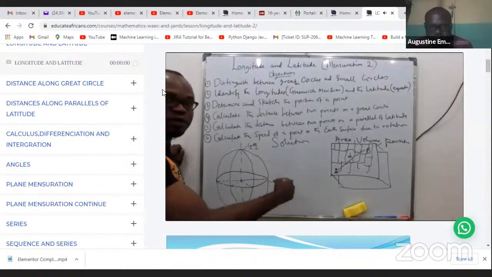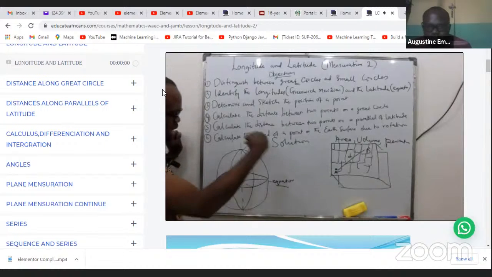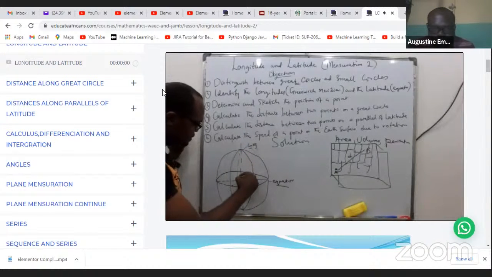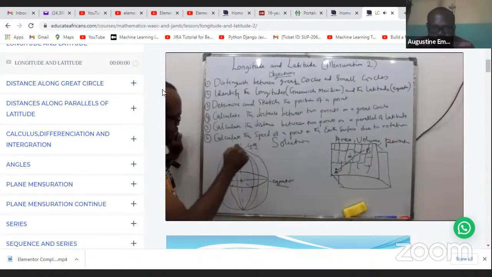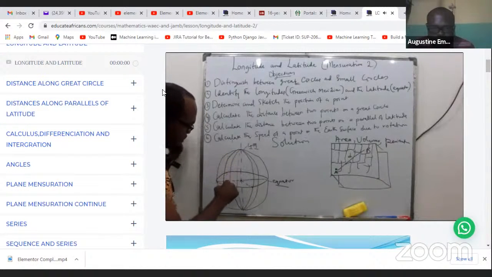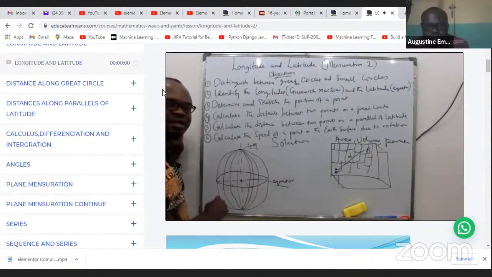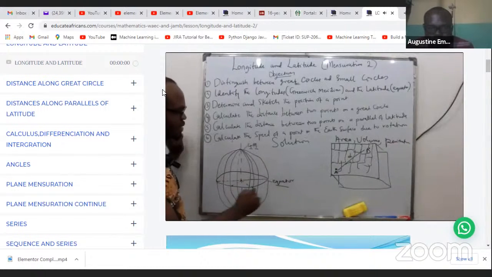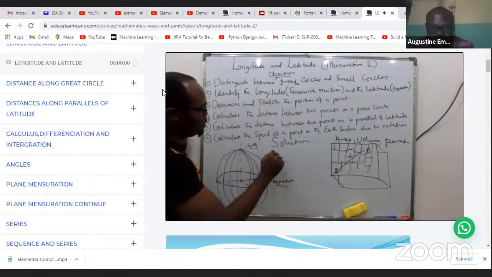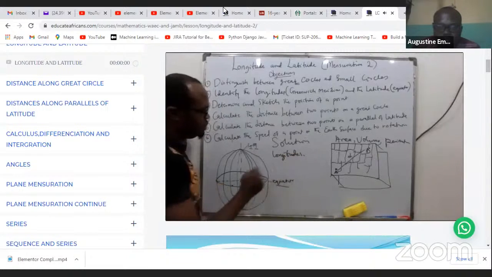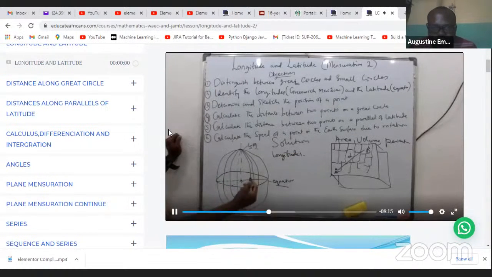The circles running from the North Pole to the South Pole are known as the longitudes. The most important one is the Greenwich Meridian. All the vertical circles are called the longitudes, and the most important of them all is the Greenwich Meridian, which is the reference.